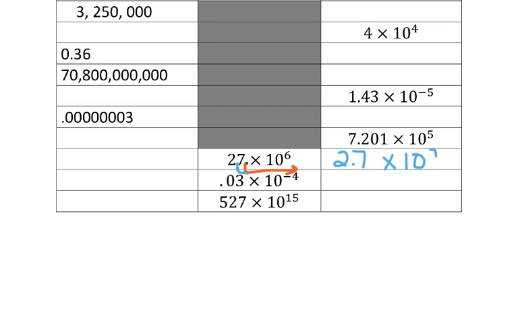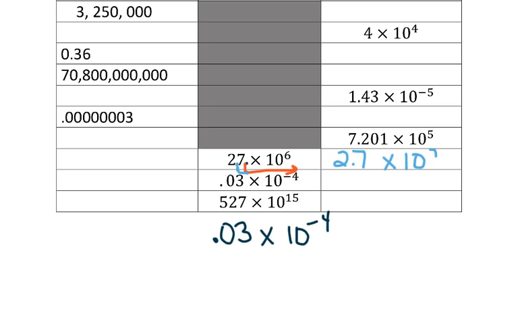Let's do the middle example, and for space purposes, I'm going to copy it down here. 0.03 times 10 to the negative 4th power means that I would take this decimal point that exists there, and I'm going to move it 4 spaces, and since it's negative, I'm going to move it to the left 4 spaces.